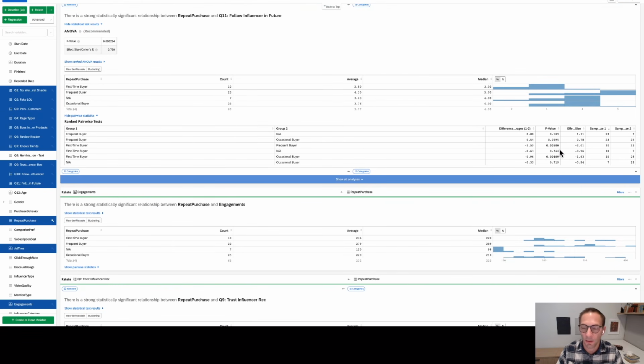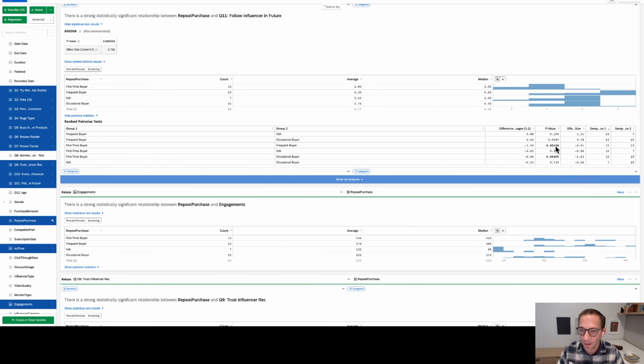So a quick, easy way to do this, let's say, okay, it looks like frequent buyer has the highest average. So I'm going to look at frequent buyer. Did they outperform NA? No. Did they outperform occasional buyer? Okay, marginally. And then there's just one more.